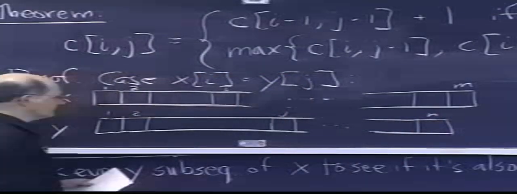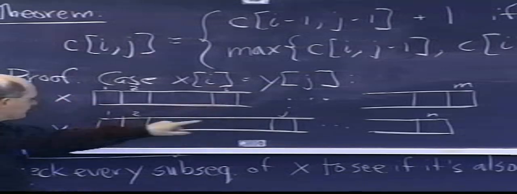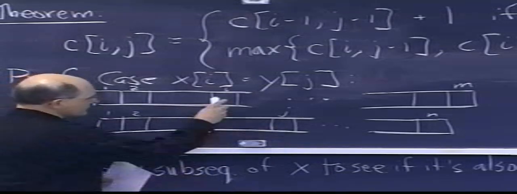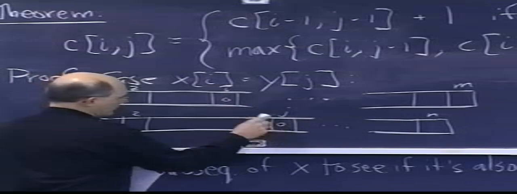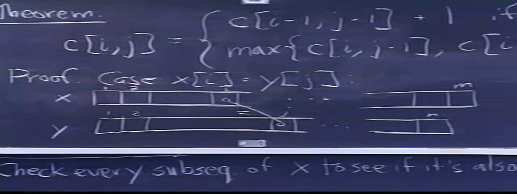Something like that. And what we're saying is that if we look at the prefix from 1 to I here and 1 to j here, we're saying that these two values here are equal. Okay, in this case.